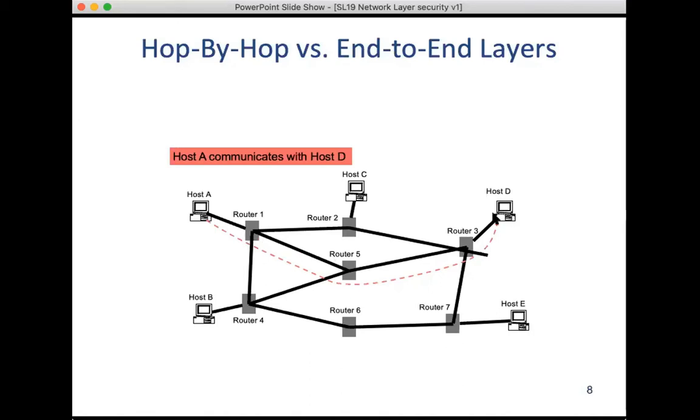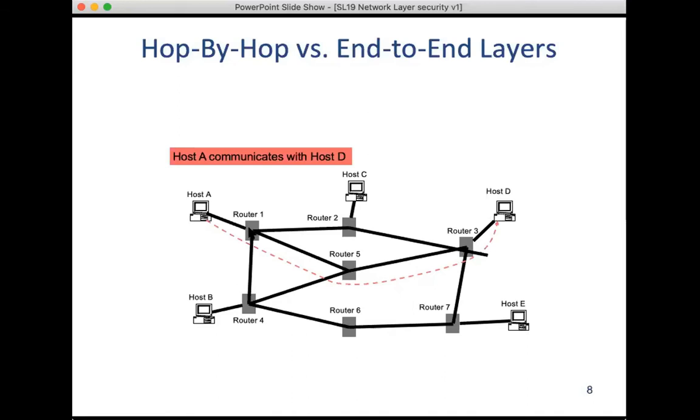The responsibility of the network layer or IP layer is essentially to create this path. For example, when a packet from node A comes with destination IP address D and reaches router 1, router 1 has to decide, based on this destination IP address, where to send this packet.